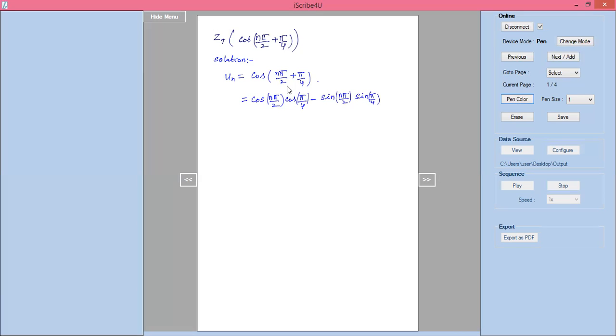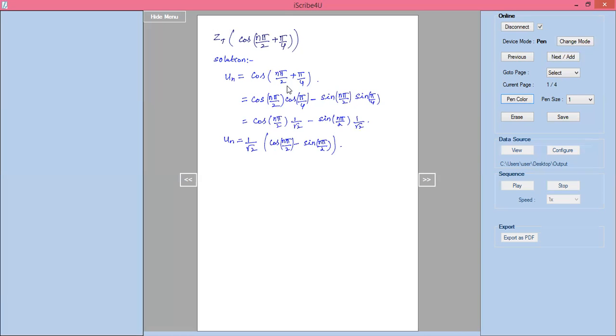Now cos n pi by 2 into cos pi by 4, whose value is 1 by root 2, minus sin n pi by 2 into sin pi by 4, which is also 1 by root 2. Now you will get u n equal to 1 by root 2 into cos n pi by 2 minus sin n pi by 2.